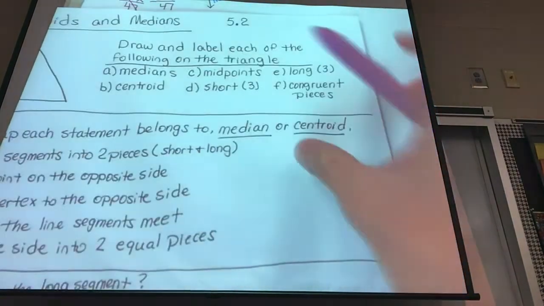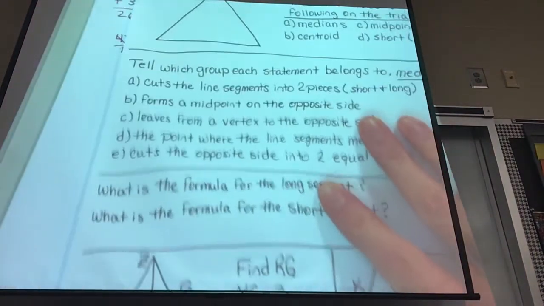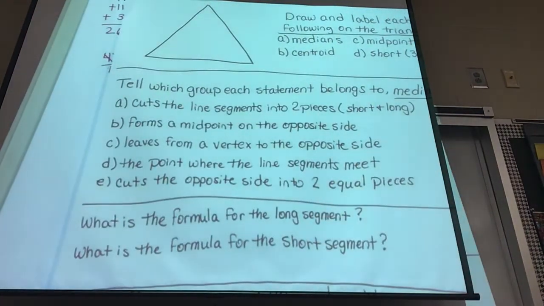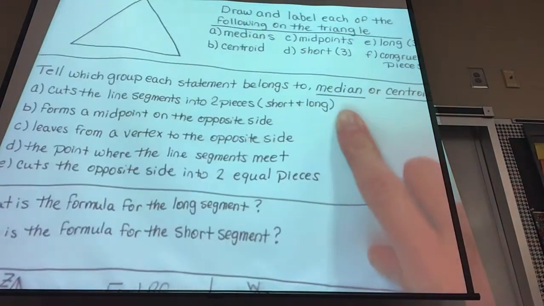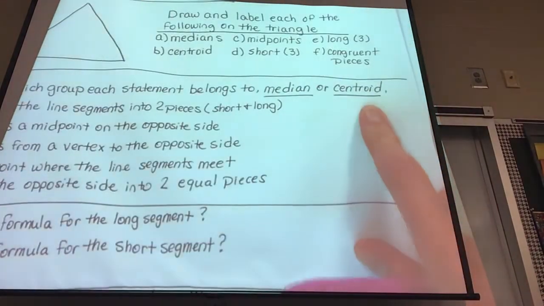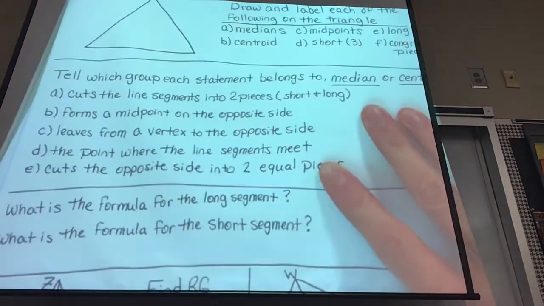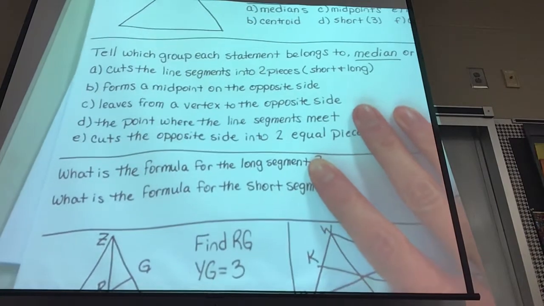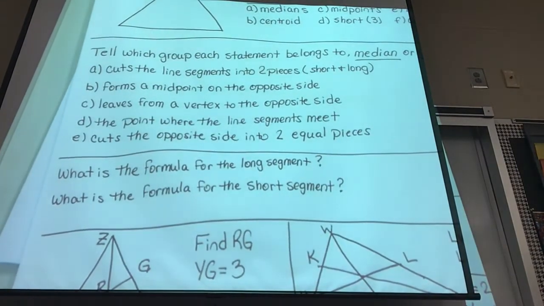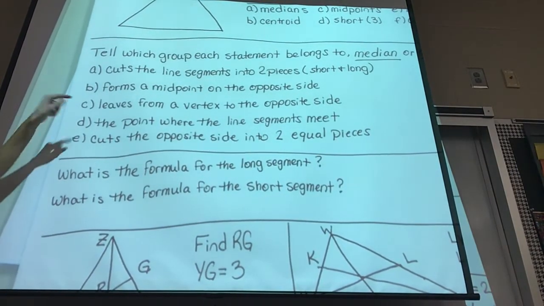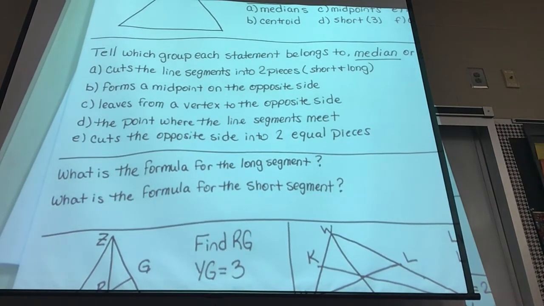Then in part 2 here it says tell which group each statement belongs to. Does it belong to the median or does it belong to the centroid? So I've written down here 5 statements. A, B, C, D, E. Which one of those 5 belong to the median? Which ones belong to the centroid?